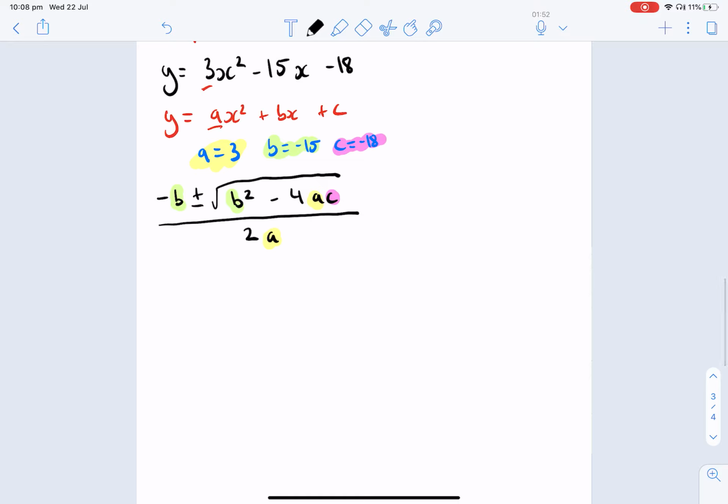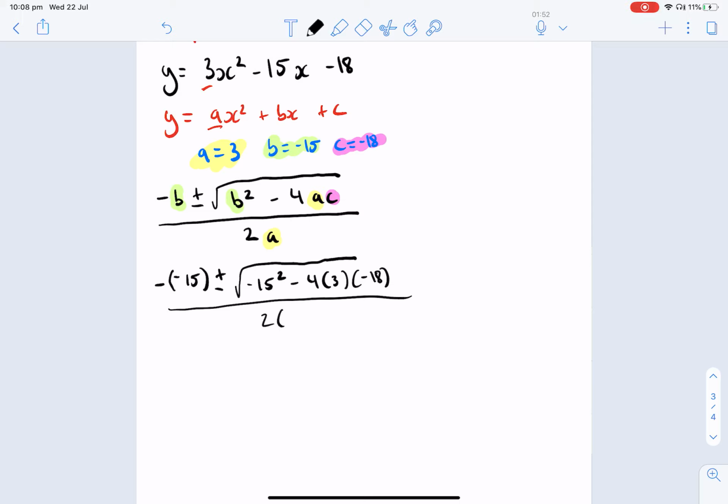So if we write that out, we've got negative negative 15, our b value, plus or minus, because we're looking for 2 x-intercepts, negative 15 squared, minus 4 times an a value of 3 and a c value of negative 18, all over 2 lots of our a value of 3.